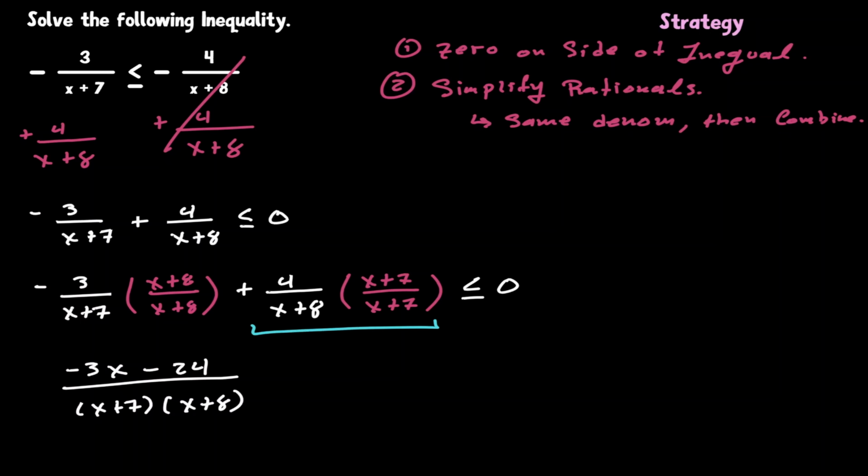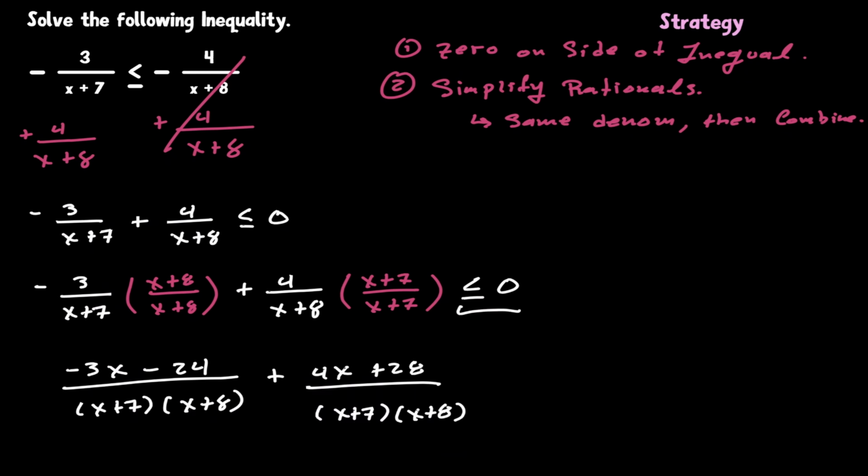Now let's perform the multiplication in our second term. The numerators, notice that there's another distribution. 4 times x, that is 4x. And 4 times 7, that is 28. The denominator, let's keep it as x plus 7 times x plus 8. Let's bring down the rest of the problem. Less than or equal to 0.